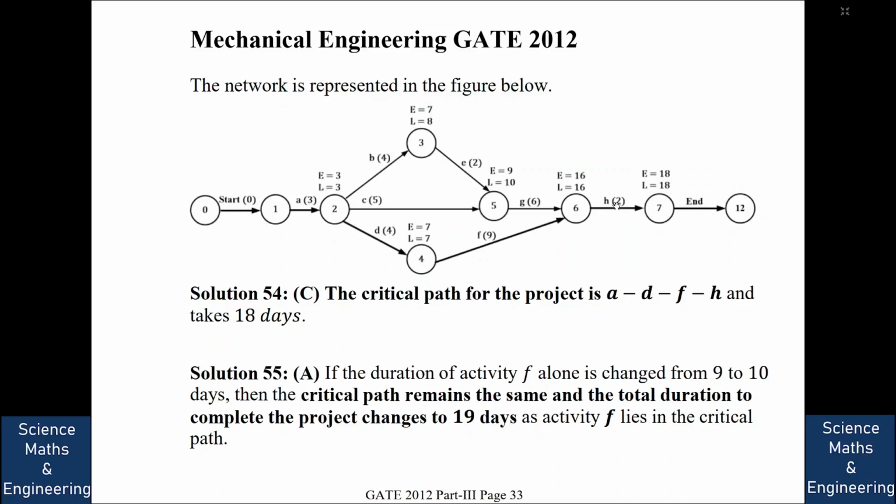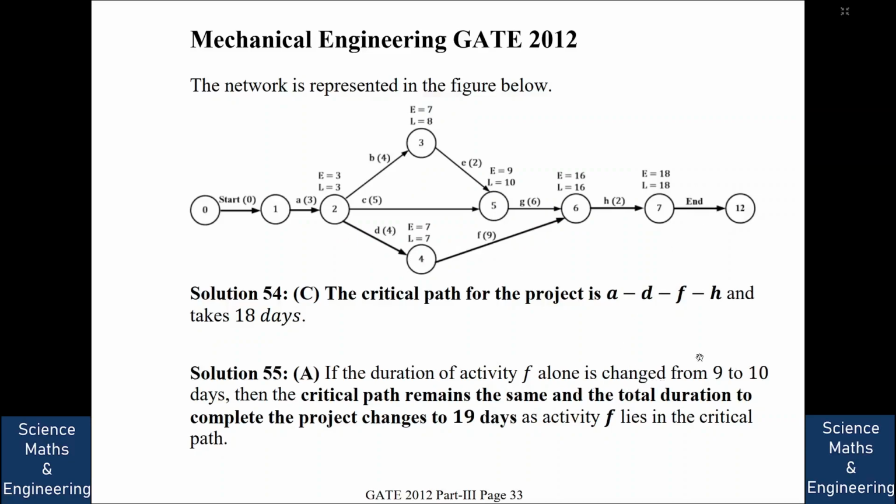So this we have to do in time, and for others like B, the earliest is 7 and the latest is 8. So we can have one extra day for B if we please. Similarly, if B is on time, we can give another day to E, so that there also the critical path doesn't change. Now, we ask that if the duration of F is changed from 9 to 10, F lies in the critical path.